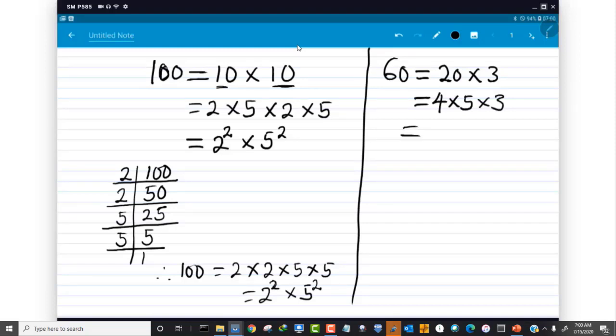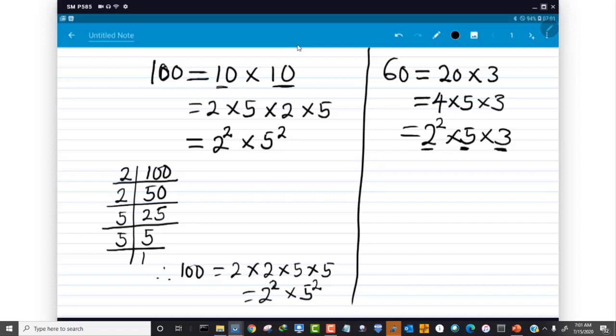Now my 4 in prime factors can be written as 2 raised to the power 2. 5 is already a prime number, 3 is also a prime number. So it means my 60 is 2 raised to the power 2 times 5 raised to the power 1 times 3 raised to the power 1. This simply shows that the prime factors of 60 are 2, 5, and 3. So that is how we can express our numbers in prime factors.